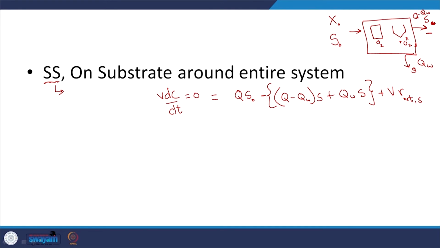Let us just try to analyze this system. As you can see, minus QWS plus QWS are going to cancel out.